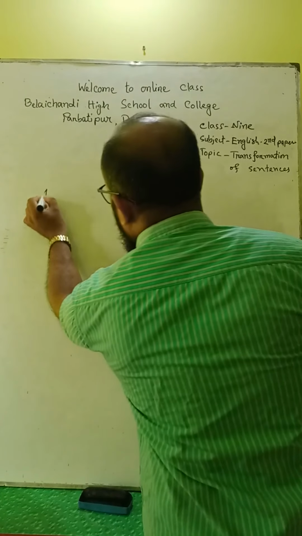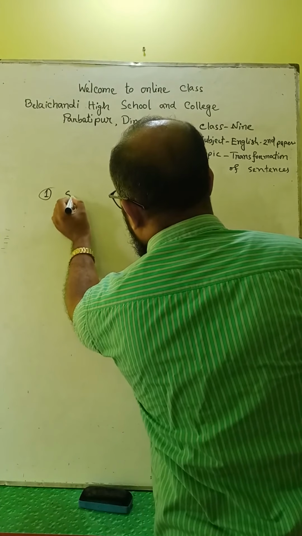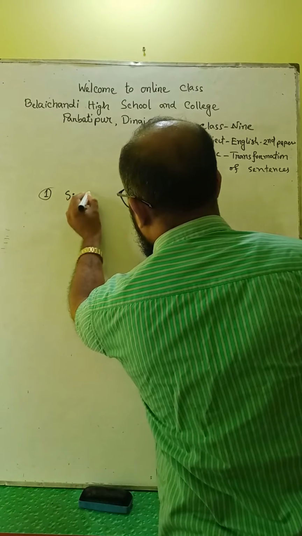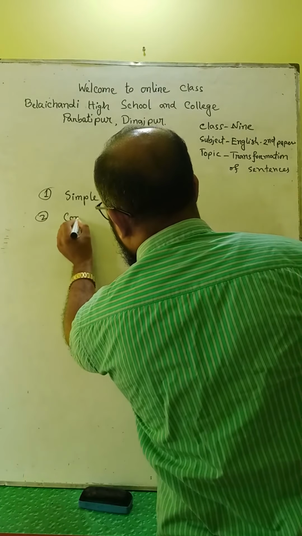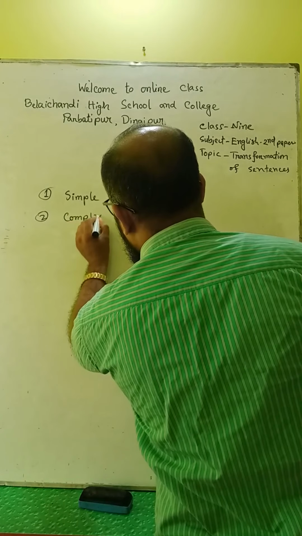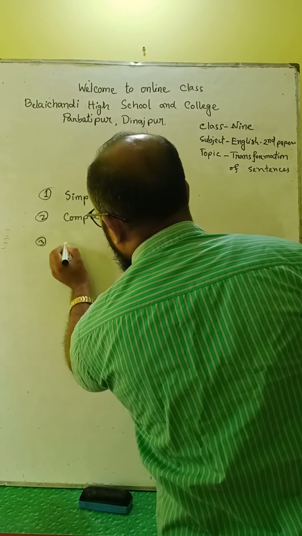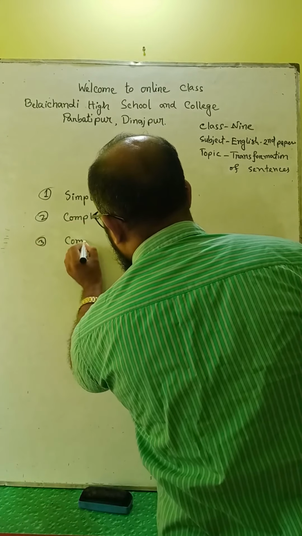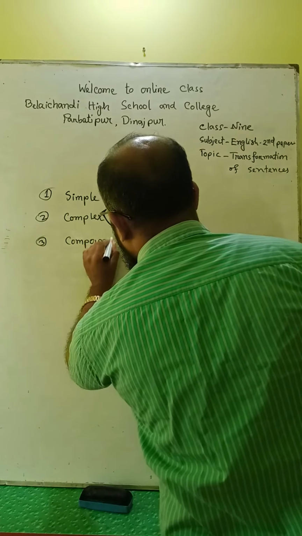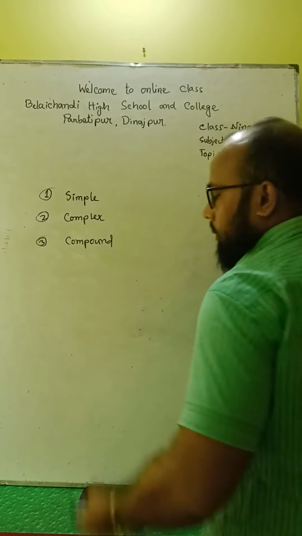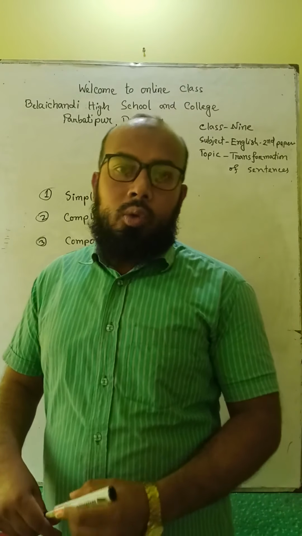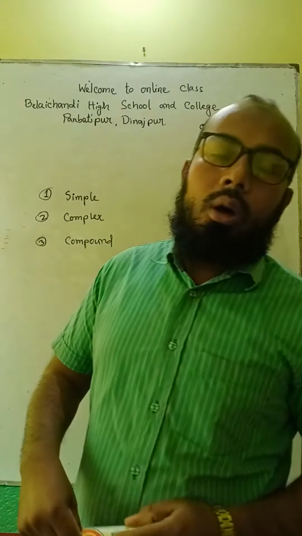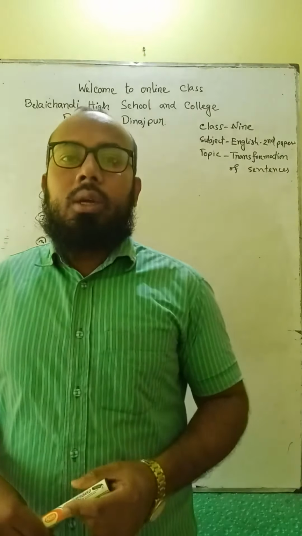Number 1, simple. Number 2, complex. Number 3, compound. Before going to the main class, we have to know the definition of simple, complex, and compound.